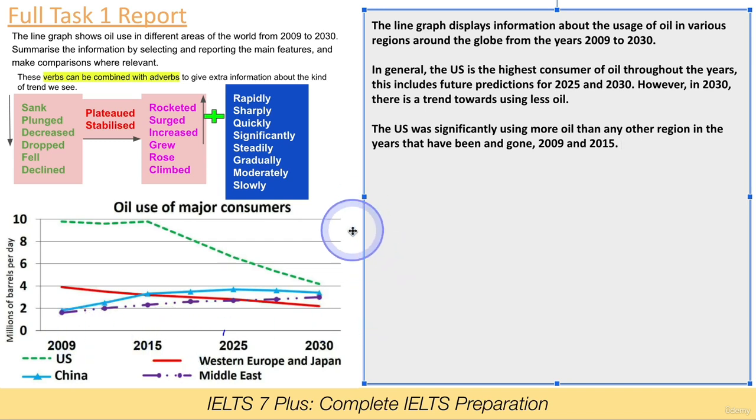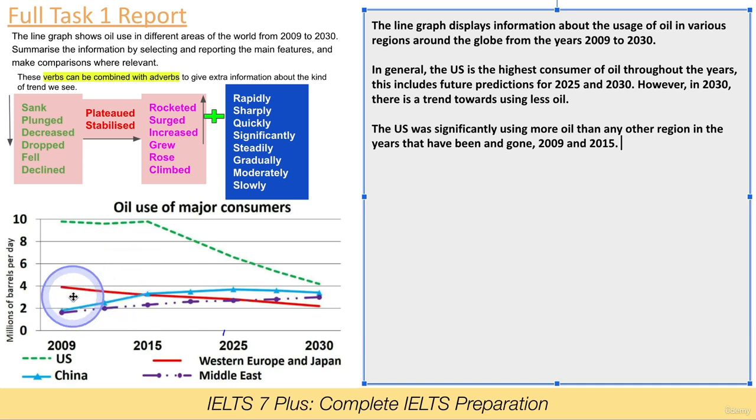Okay, let's think about this. So the US was significantly using more oil than any other region in the years that have been and gone, 2009 and 2015. So we're paying attention to just this part here, really.